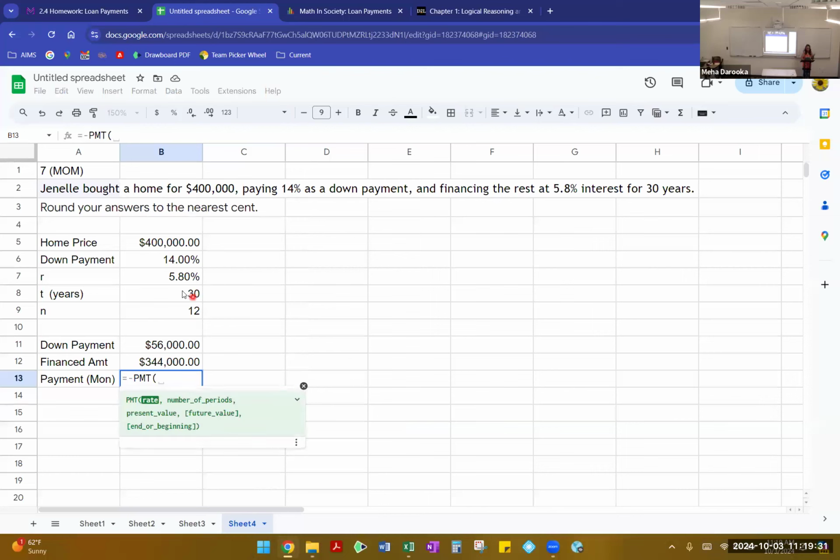All right, so your rate, of course, is R divided by N, comma. Now, in this case, what will our number of periods be? Is it going to be like we did for the credit card, or is it going to be what we were doing before? N times T, if we're talking about mortgaging a home.